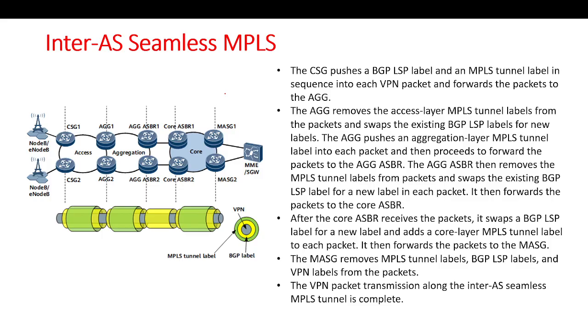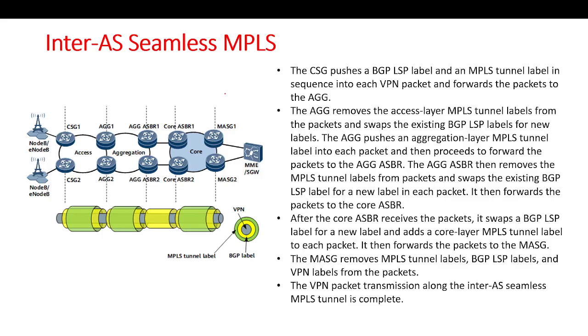So the CSG will still do the same. It will still have to add some labels on the packet, the BGP, the MPLS, and the VPN label. The SG will perform the same function. It will remove the access layer and add its own label.